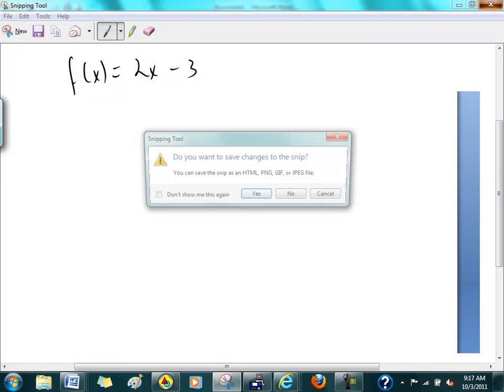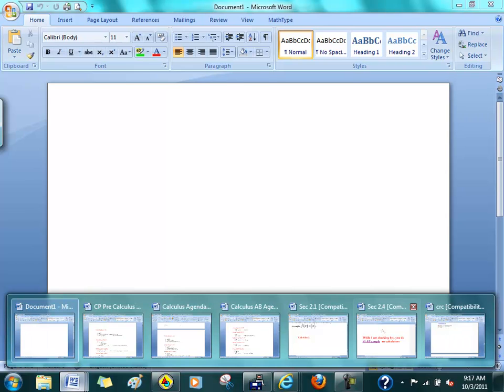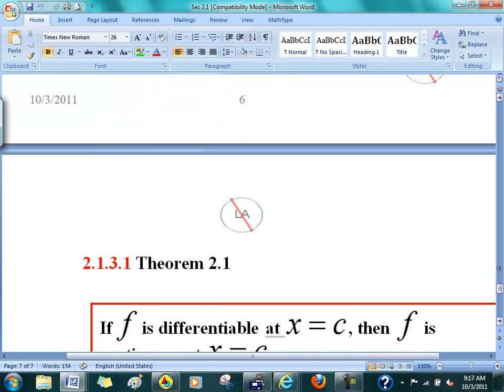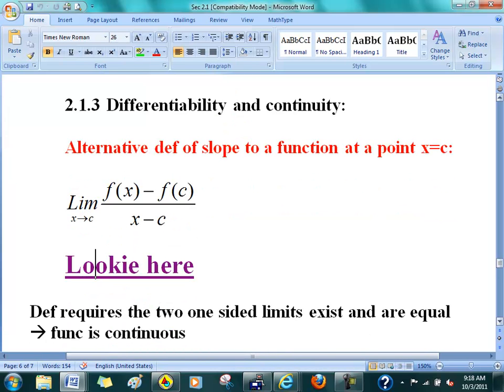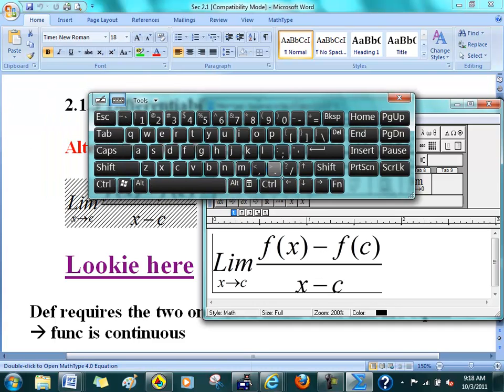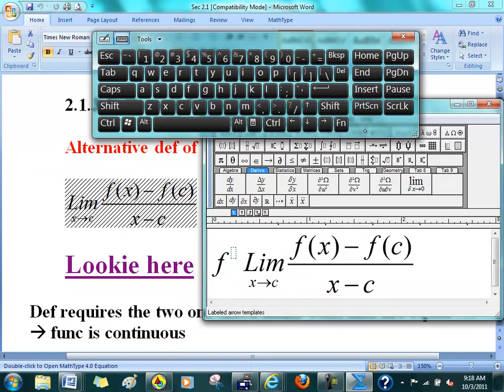Okay, today we're going to talk about the concept of differentiability and continuity. It's not a long lecture, so we should be able to get done in less than 10 minutes. To begin with, here's an alternative definition of the derivative at a particular point.